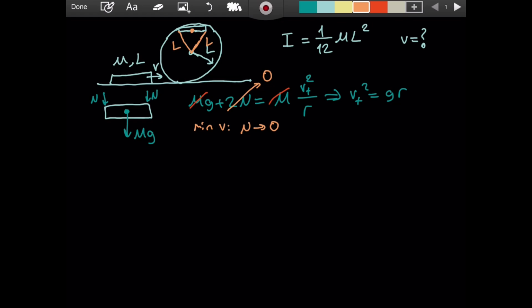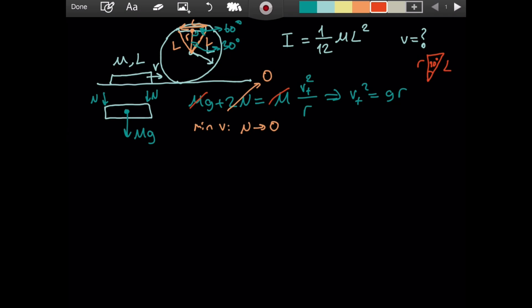Due to our approximation, this is R. Now, we have that this length is also L, so we in fact have a triangle with three equal sides, an equilateral triangle, which means that this angle is 60 degrees. This is 90 degrees, so this angle is 30 degrees, which means that we have a shape that looks like this. A half triangle: this is R, this is L, this is 30.